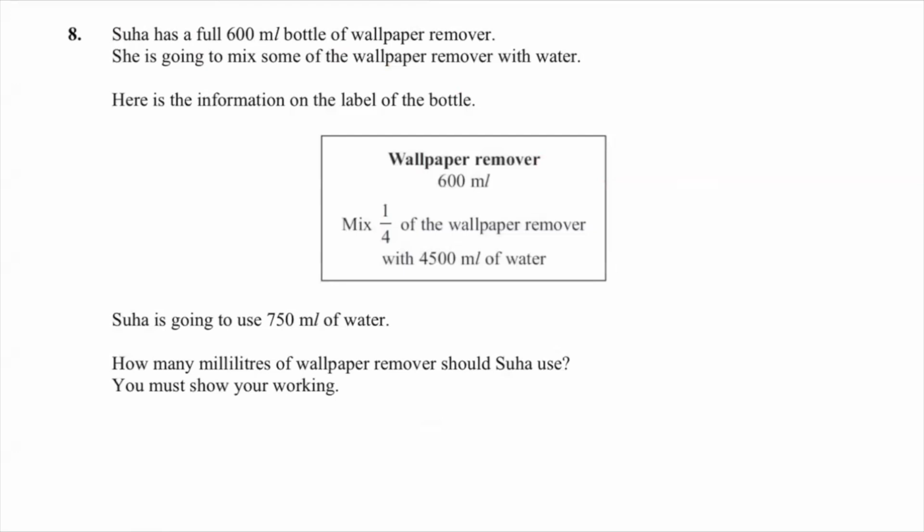Now, in the box, we're being told that a quarter is mixed with 400 milliliters. So a quarter of 600, half it and half it again, is 150. So 150 is mixed with 4,500. That's a fact.